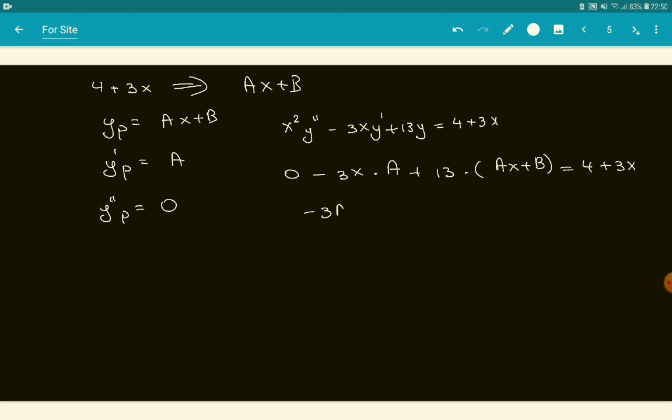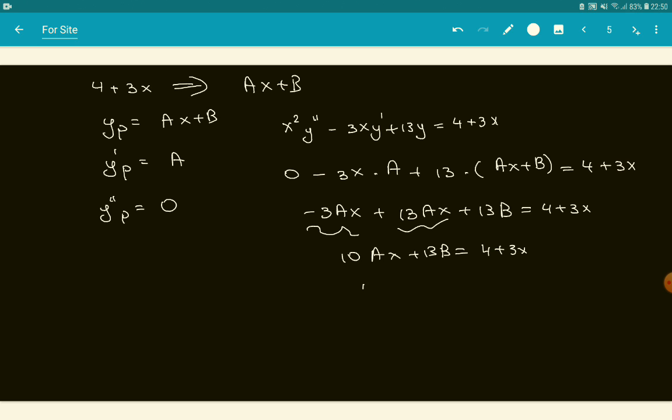So minus 3ax plus 13ax plus 13b equals 4 plus 3x, which makes 10ax plus 13b equal to 4 plus 3x.